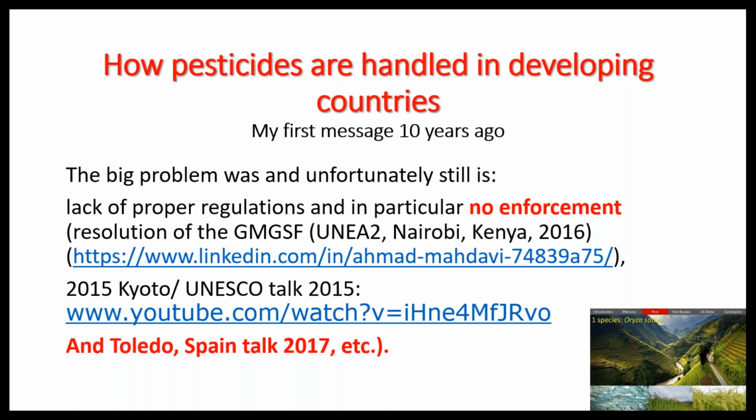I also mentioned this in the resolution of the UNEA-2 in Nairobi, as well as in the Kyoto talk, and in a recent talk in Toledo, Spain, for the CMS, the UNEP CMS on preventing poisoning. I mentioned all of this.